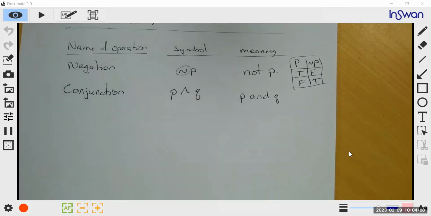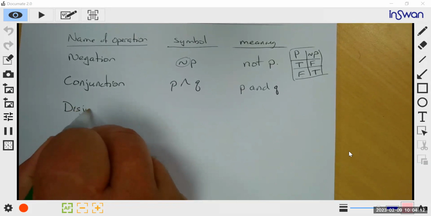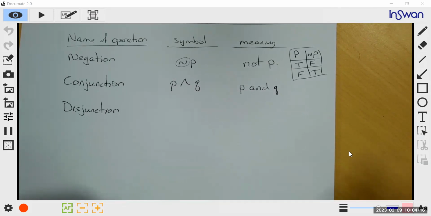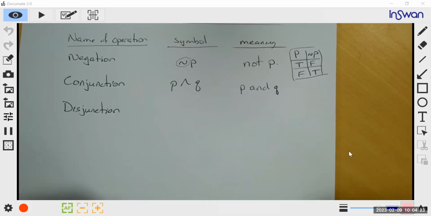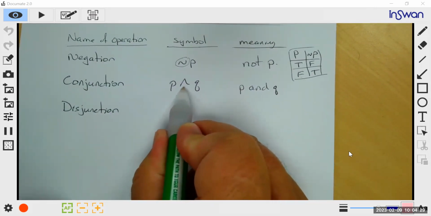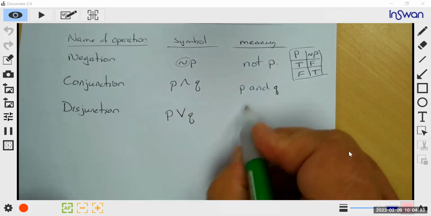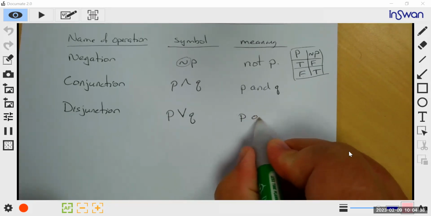It's just what it says. A disjunction. What's the disjunction going to look like? Wrong direction. Yeah, it's the V. We had that one there. So it's the arrow down. And you read that how? P or Q.